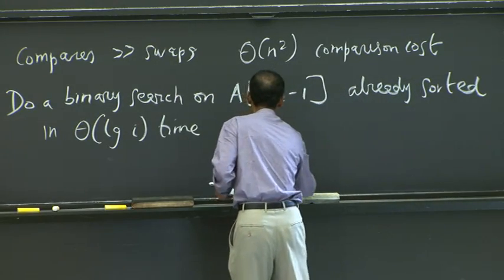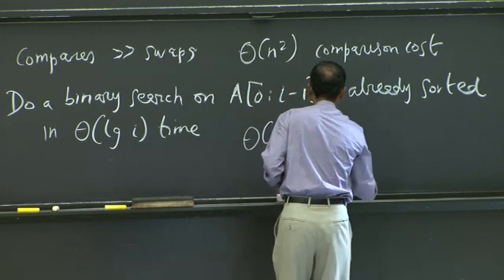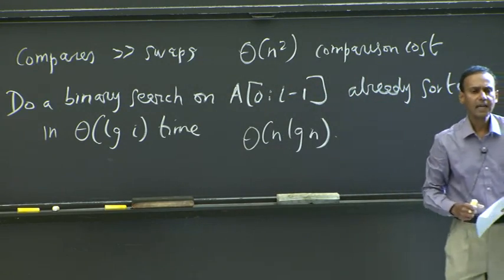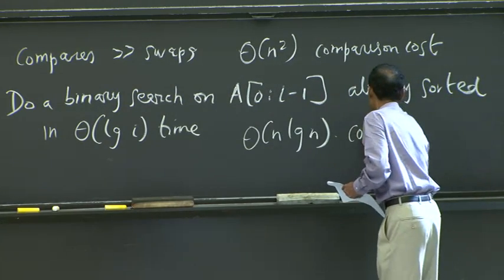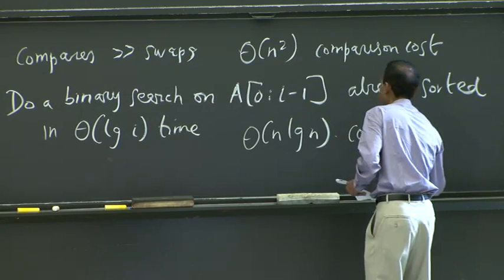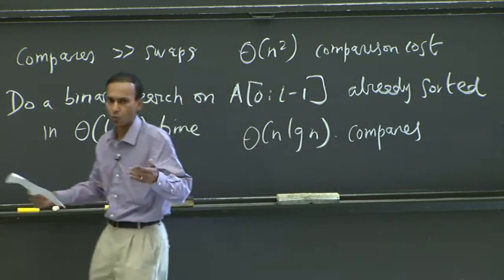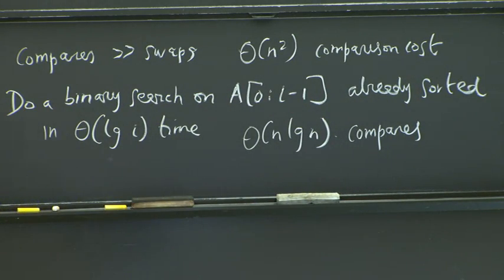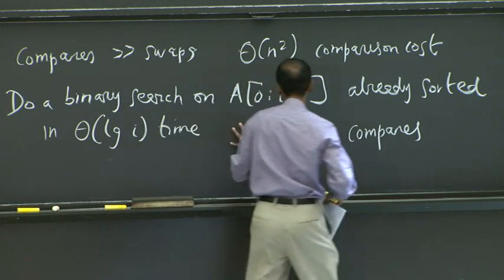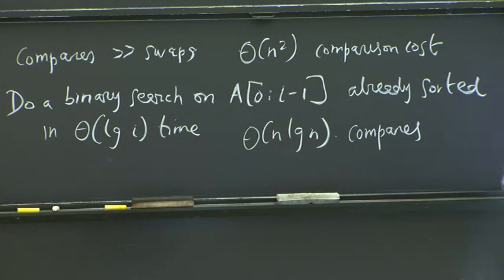But okay, now why can't I get theta n log n in terms of everything? Does this help the swaps for an array data structure? No, because binary search will require insertion into A of 0 through i minus 1, right? So here's the problem. Why don't we have a full-fledged theta n log n algorithm regardless of the cost of compares or swaps?